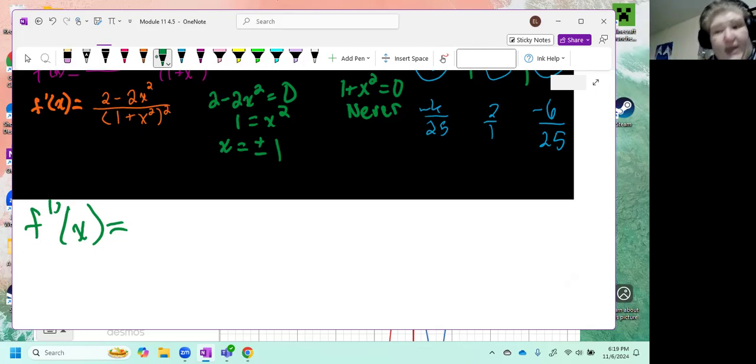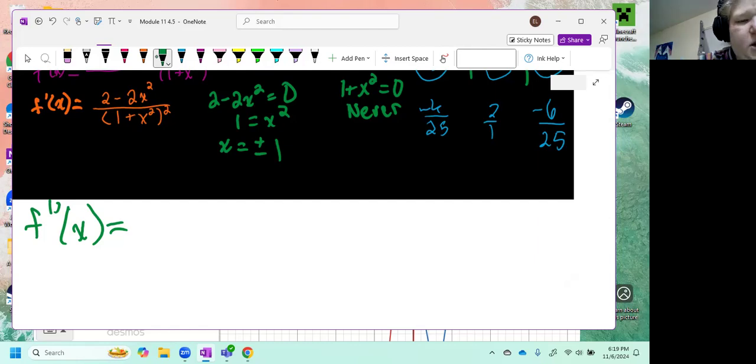Asking you to do this for like a polynomial can be a little long, but that's reasonable on a test. Or more giving you the first derivative, asking for the second, asking you to do the first and second derivative tests, and then give me a rough sketch. Very reasonable.